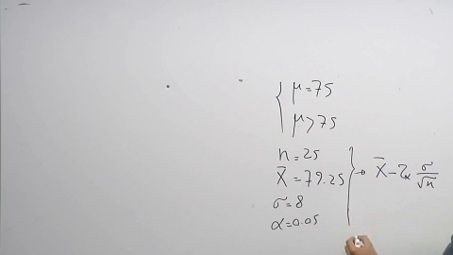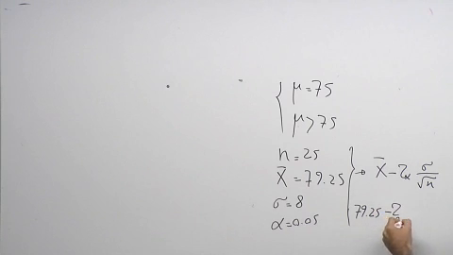The lower bound in this case is 79.25 minus z of 0.05 times 8 divided by square root of 25.